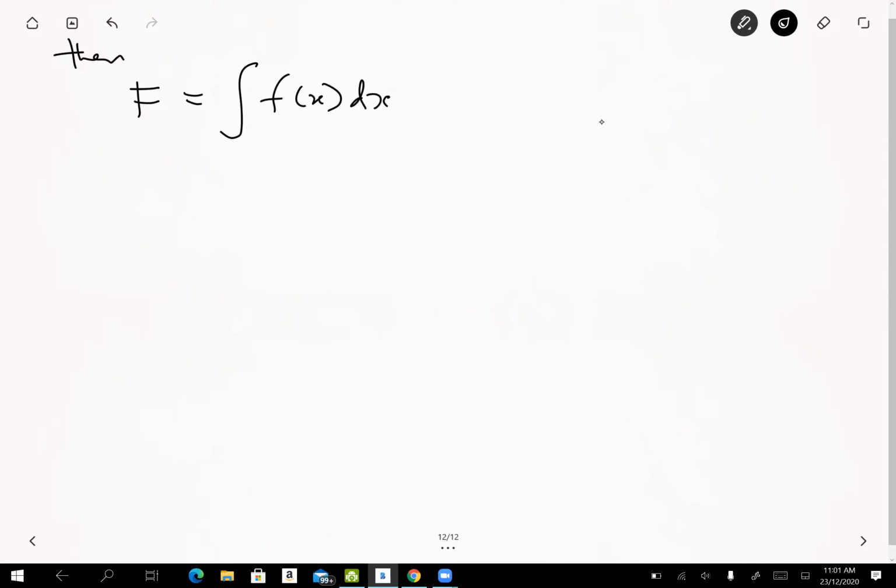Now, when you talk about the definite integral, we are integrating this in the interval from point A to point B. So this is called x0, and this is x1. x0 is the first point, so that is A, that's B, f of x dx.